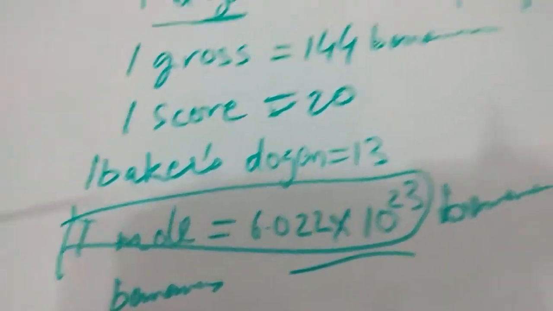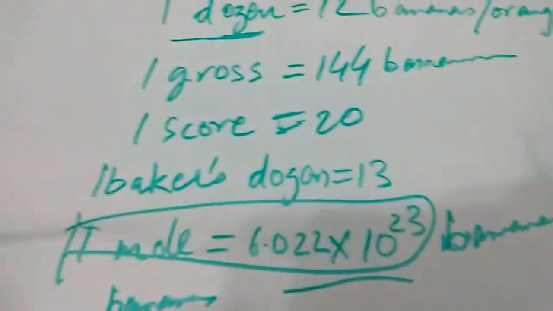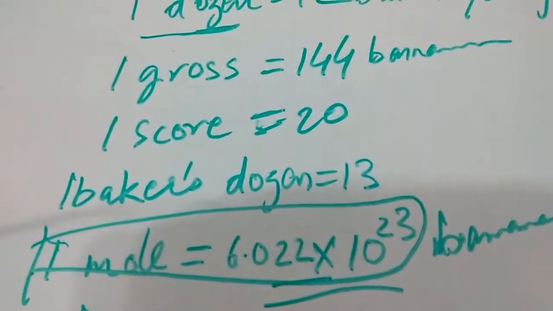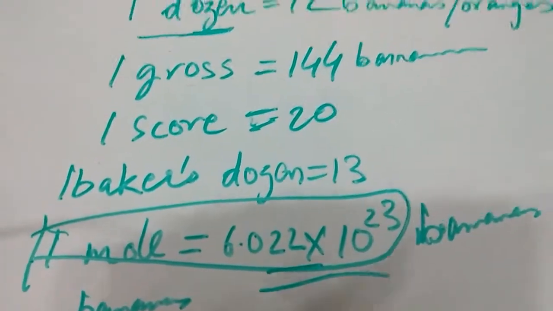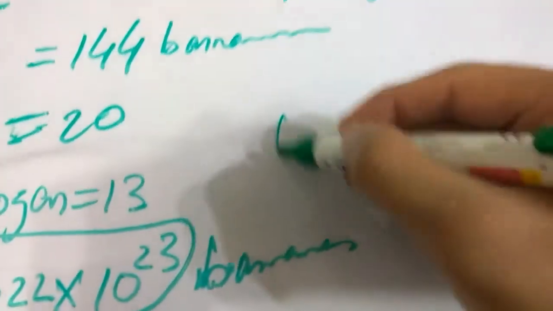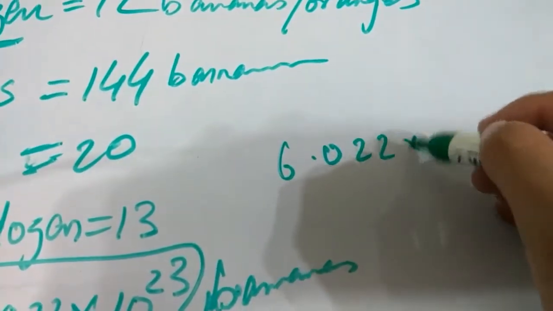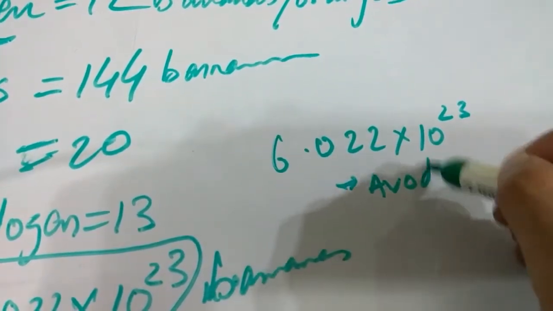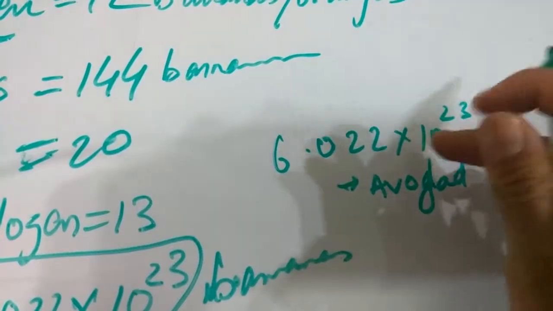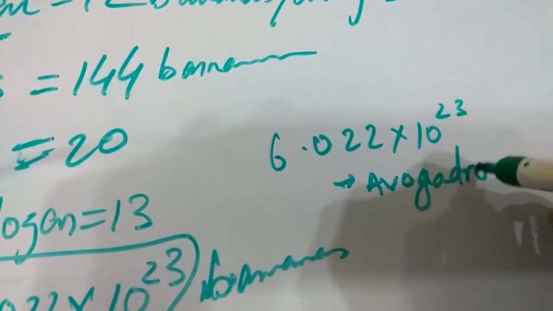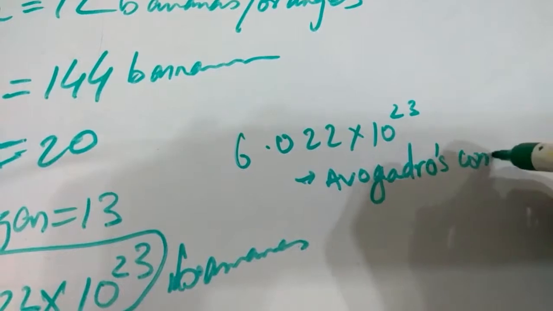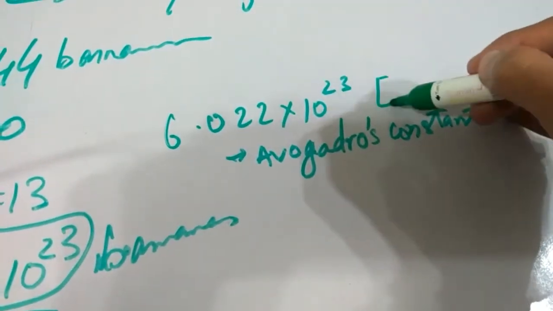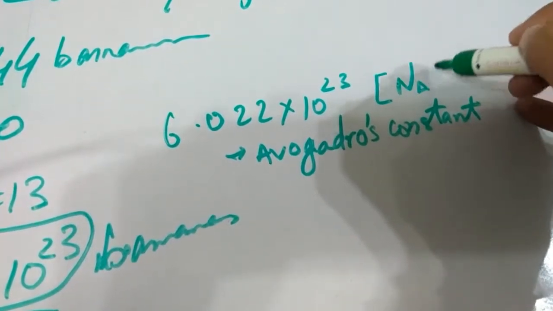In the measure of number of particles, this number is called Avogadro's constant, and denoted by the symbol Na.